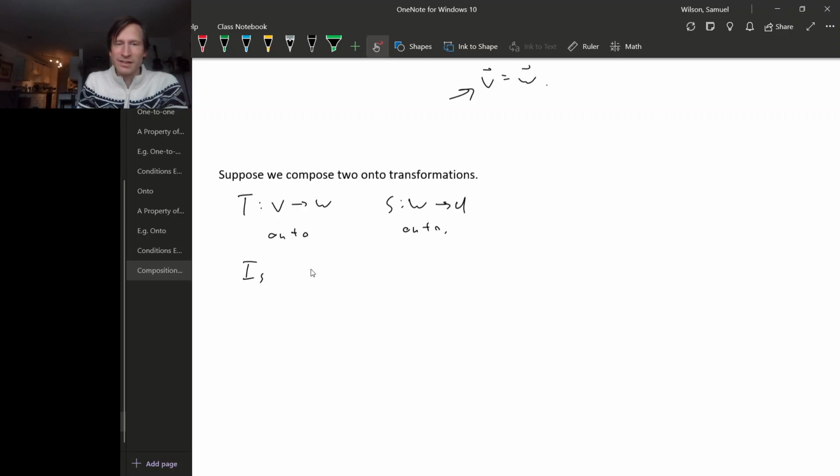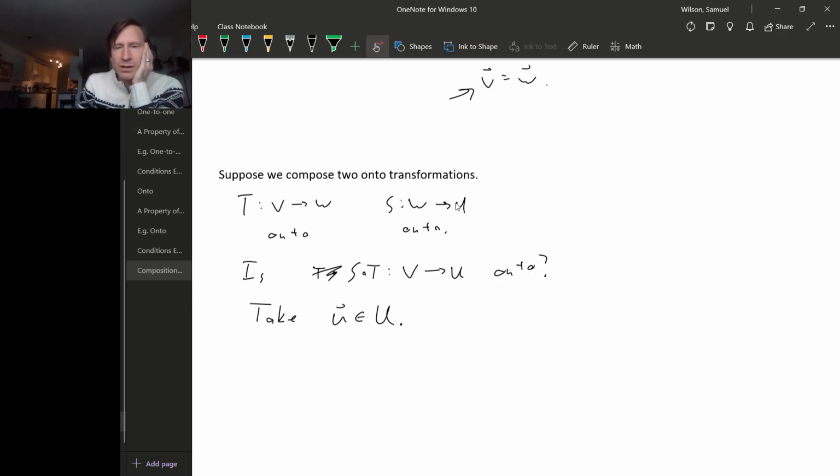Is S composed with T, which goes from V to U, onto? Well, how can we check? Take something in the target space. So let's take little u in our target space, which is capital U.